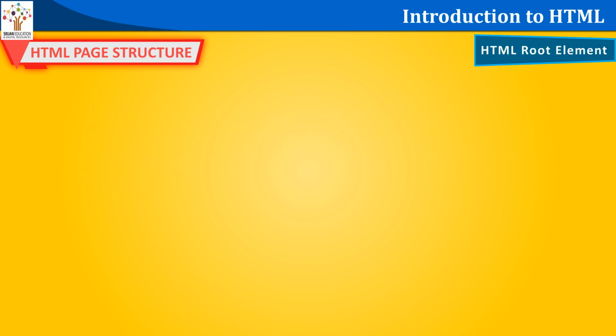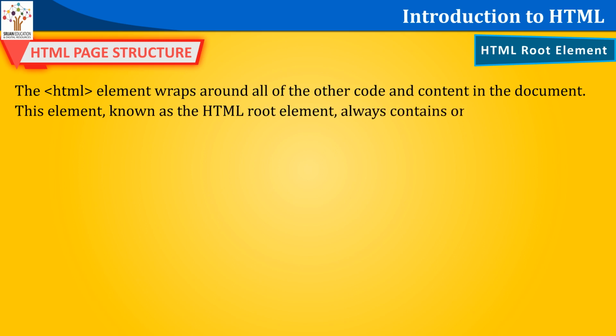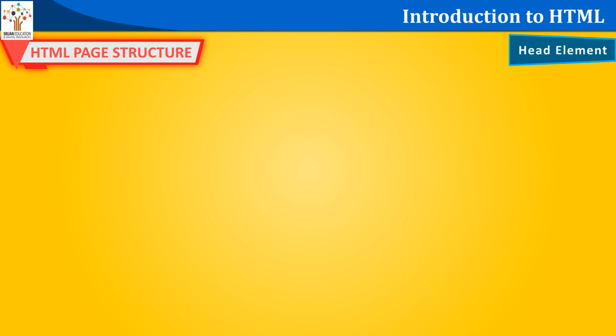HTML root element. The HTML element wraps around all of the other code and content in the document. This element, known as the HTML root element, always contains one head element and one body element. Head element.